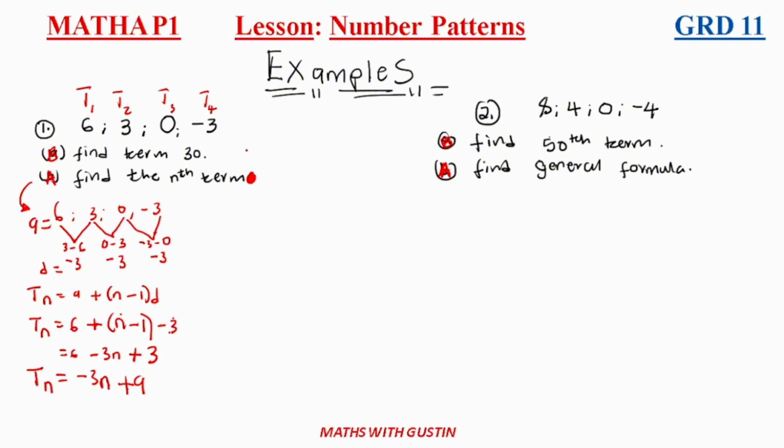Now when you come to this question, they said find term 30. So Tn is equal to -3n plus 9.